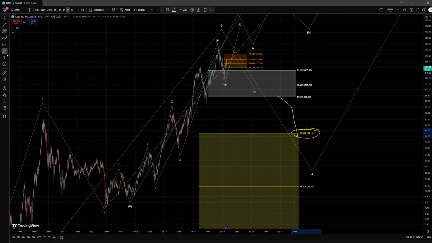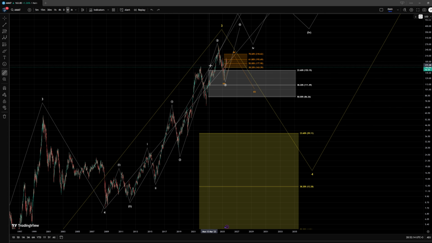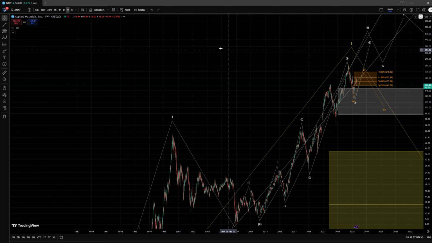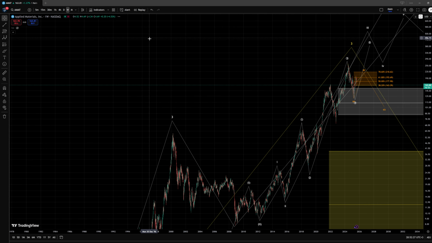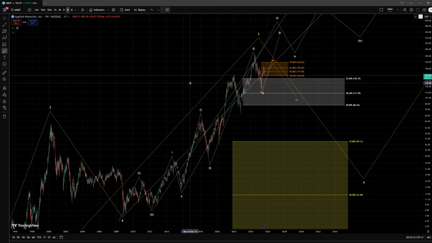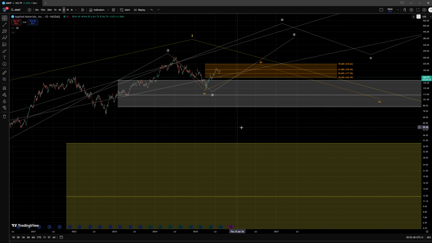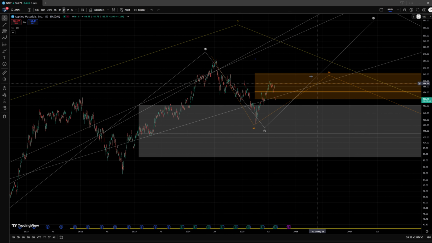And yes, I know that's a lot of downside even from where we are right now, and we have already fallen, what is this, over 50% from the top, and from where we are right now a fall to that level would be another 76%. So I know, quite steep, and that's why we have the scenarios that we are tracking, and we can look for something else, but for now we have the white support zone that should still provide us with clarity and allow us to push directly higher.